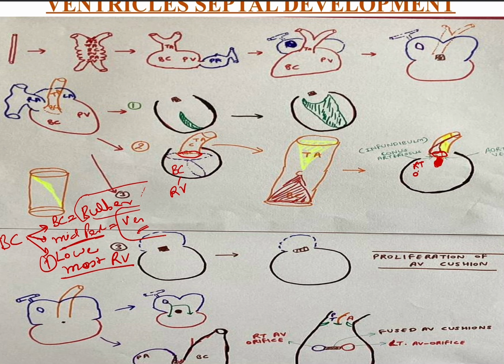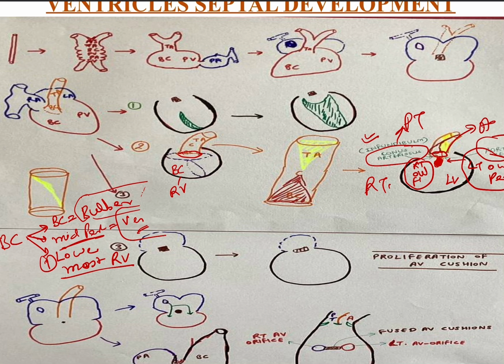This is the right outflow part and this is the left outflow part. Right outflow part is now known as infundibulum or conus arteriosus, which will connect the right ventricle to the pulmonary trunk, while the left outflow part is known as the aortic vestibule, which will connect the left ventricular cavity to the aorta or aortic tube.